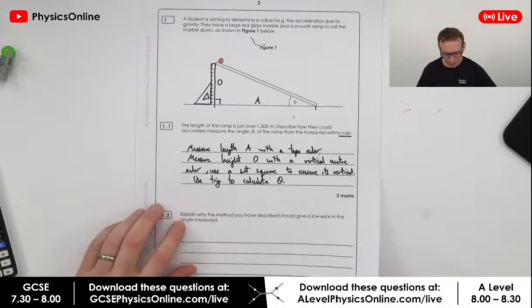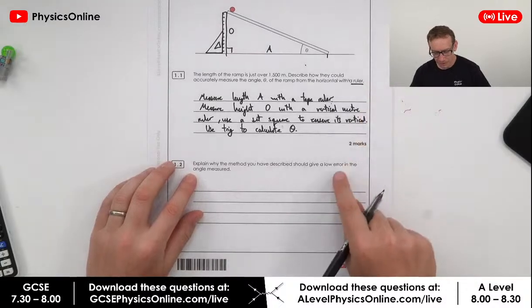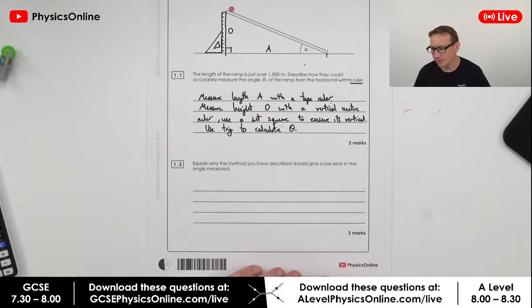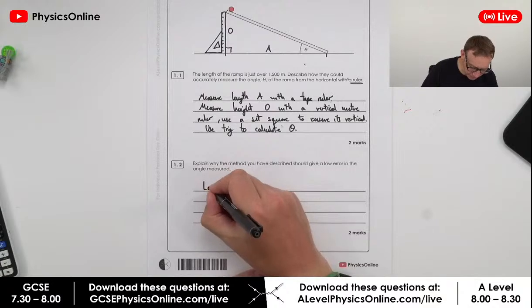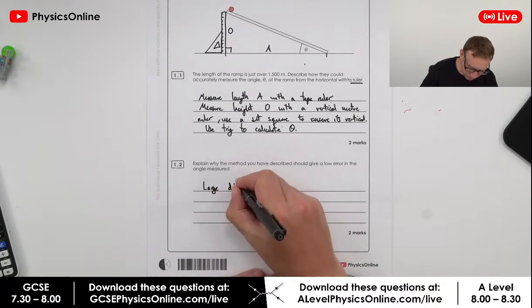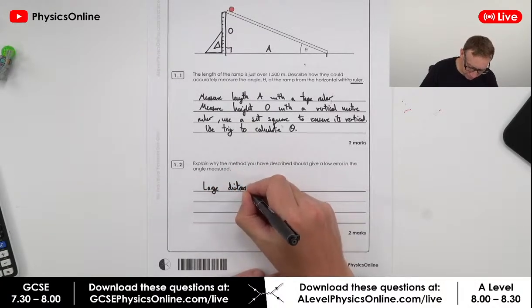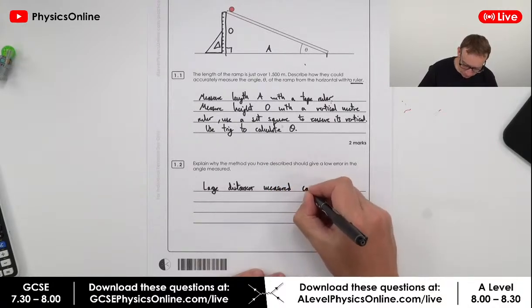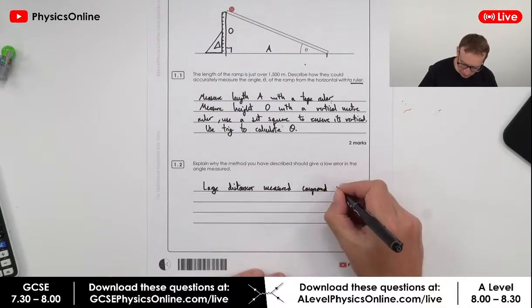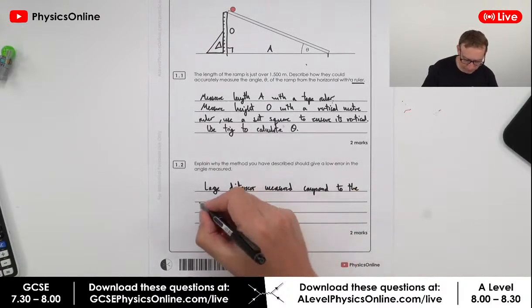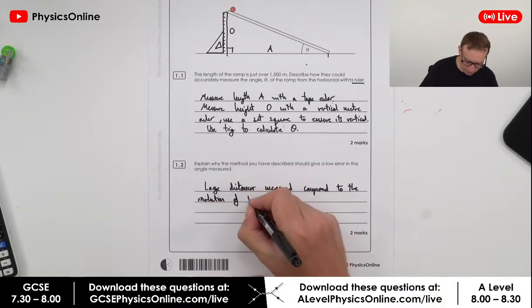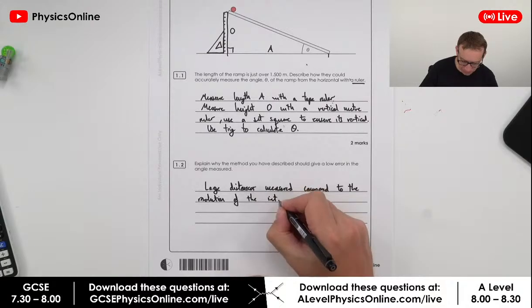Okay, why should this give a low error in the angle measured? Basically, we're going to have large distances measured compared to the resolution of the instrument.